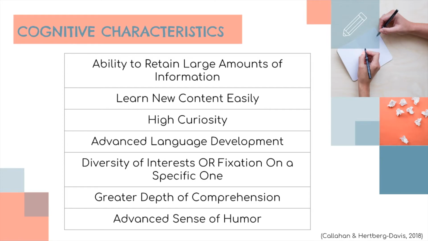Needless to say, all of these characteristics, although they're general for gifted students, can't be generalized to all the areas of giftedness because, as we saw before, depending on the kind of giftedness that a student has, he or she will display different characteristics that are more tailored to that area that is their strength.